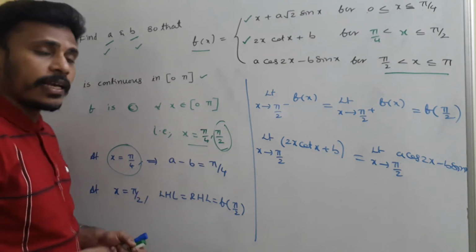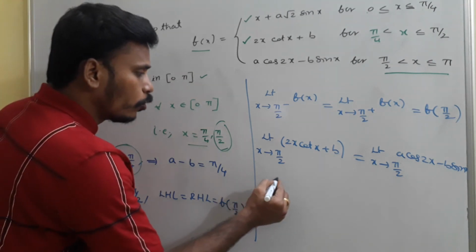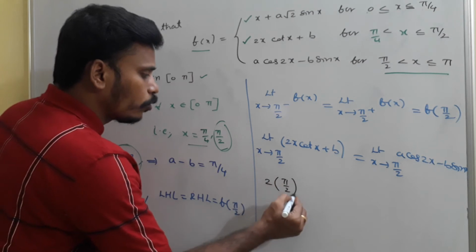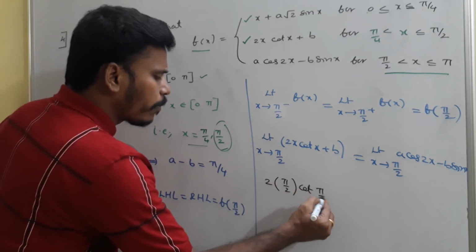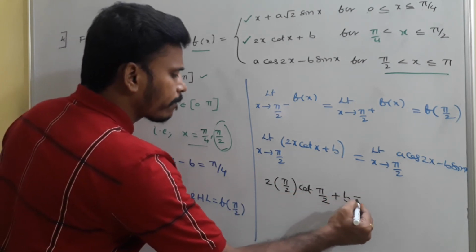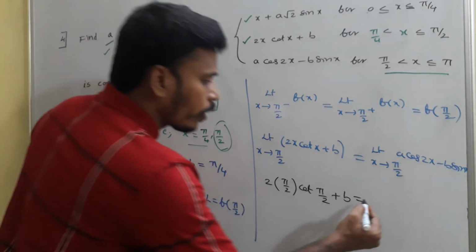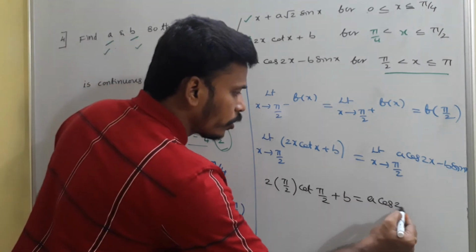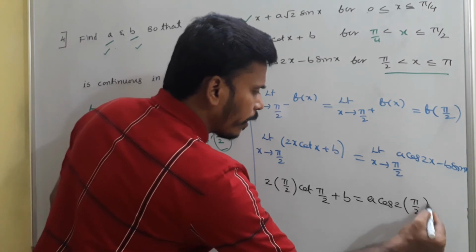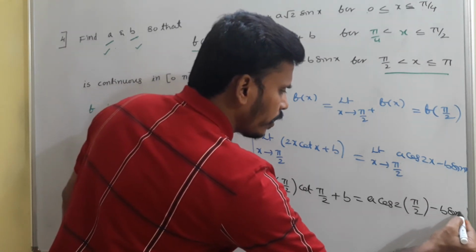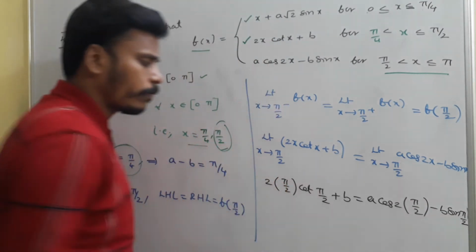So we are using that. Just replace x with pi by 2. 2 into pi by 2 into cot pi by 2 plus b is equal to a cos 2 into pi by 2 minus b sin pi by 2.